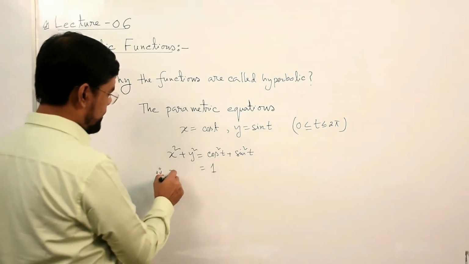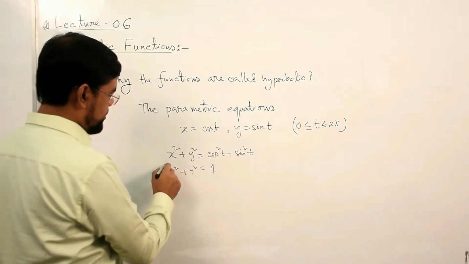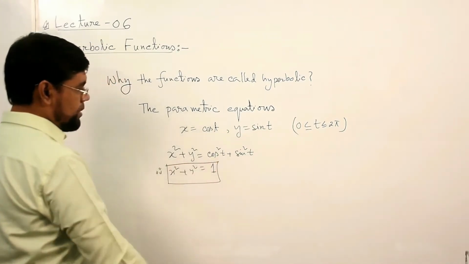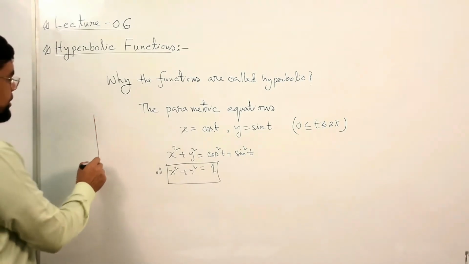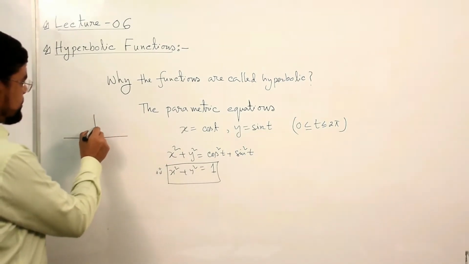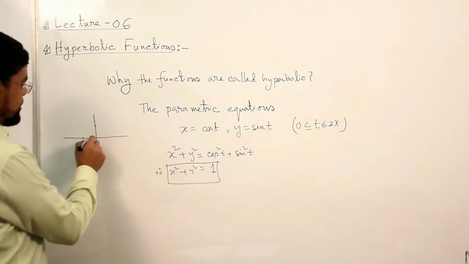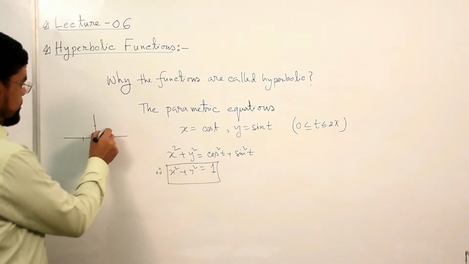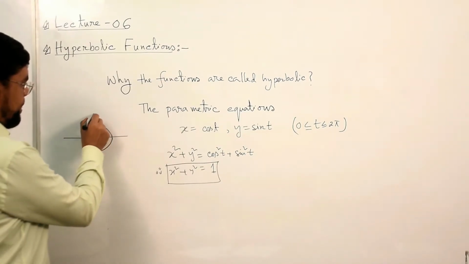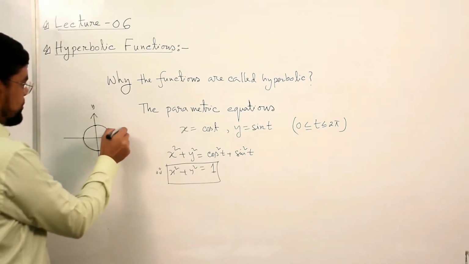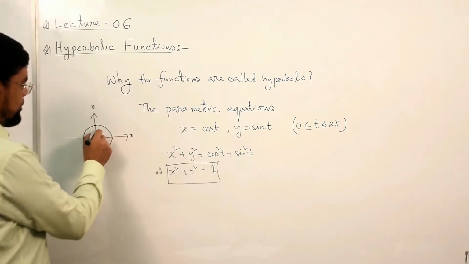So x square plus y square equal to 1. This equation represents a unit circle like this, having center at origin. The radius is 1.